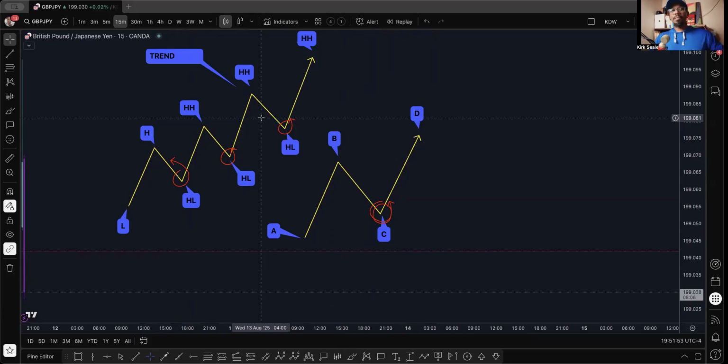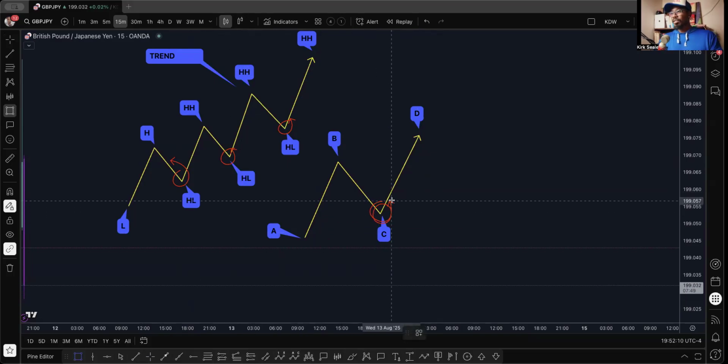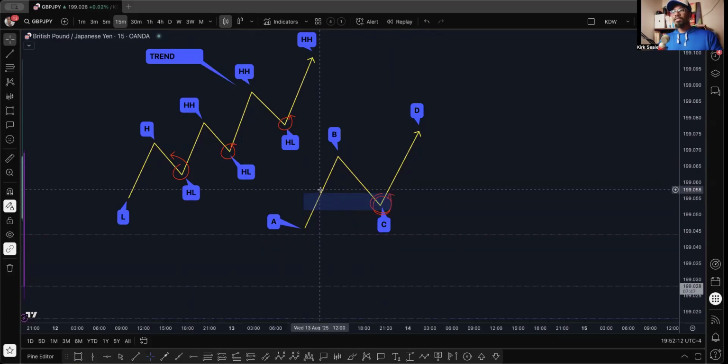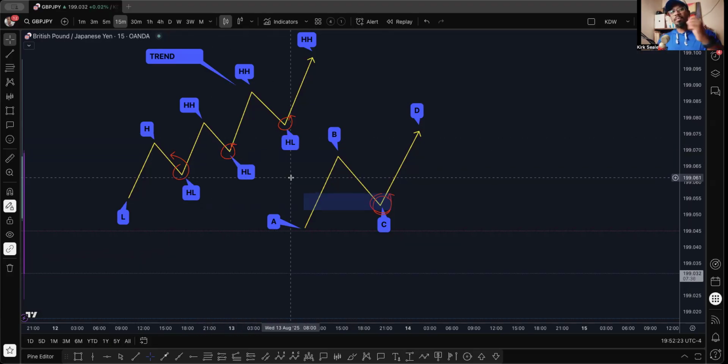Now, remember I told you that in trading, this is a skill set. We're not guessing. There's always a reason why the higher low becomes a higher high, right? There's something to the left of this higher low that gives it the energy needed for it to continue going up. All right, that's more intermediate. Knowing what the reason is is something intermediate.